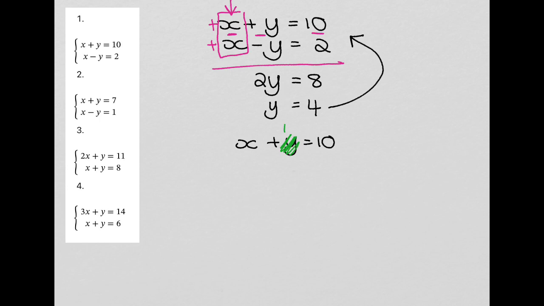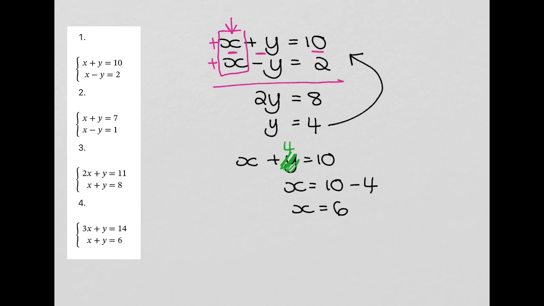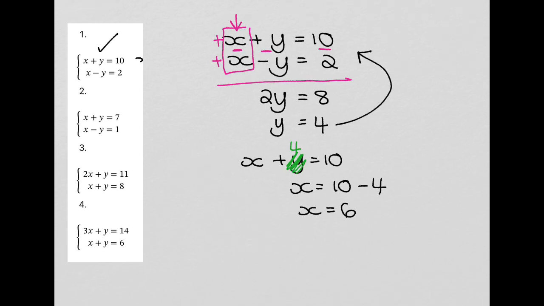So if y is 4, what is x? And so x is equal to 10 take away 4, x is equal to 6. Match, das, top. Right, so we've done question 1. We figured out that x is 6 and y is 4.